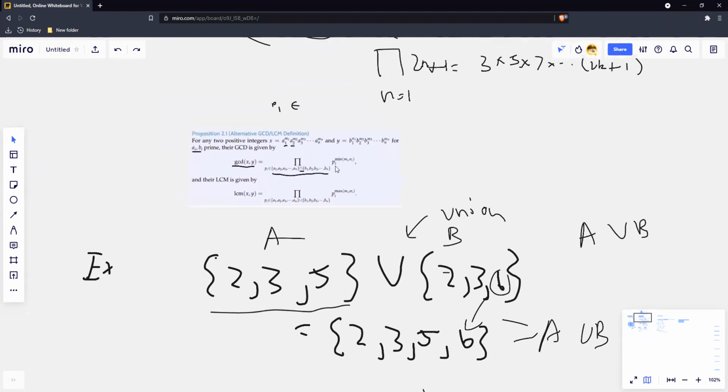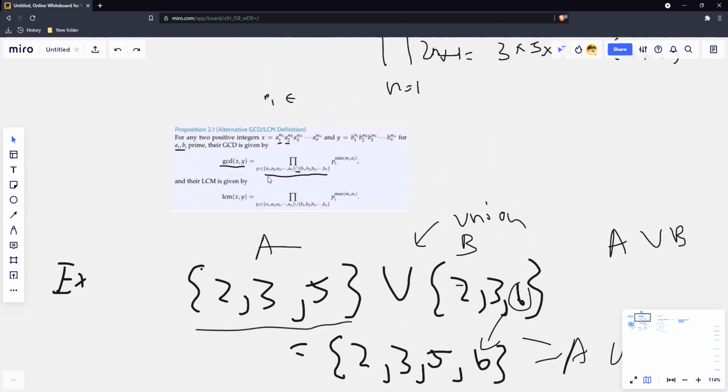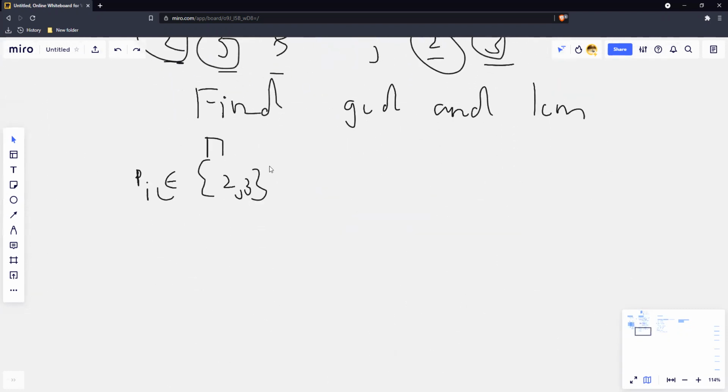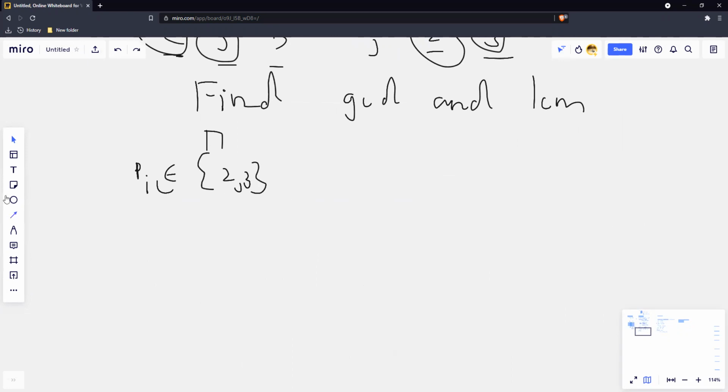Then we have p sub i, that's a dummy variable, to the power of the minimum of m sub i and n sub i. Min sounds like minimum, right? Well, this is exactly what this notation does. Min basically finds the smallest number.